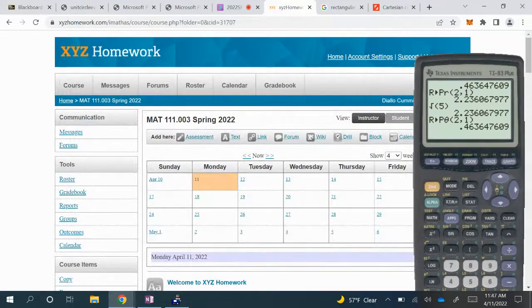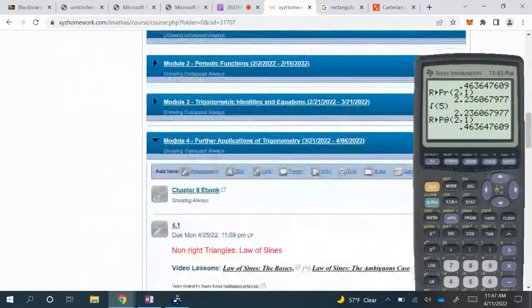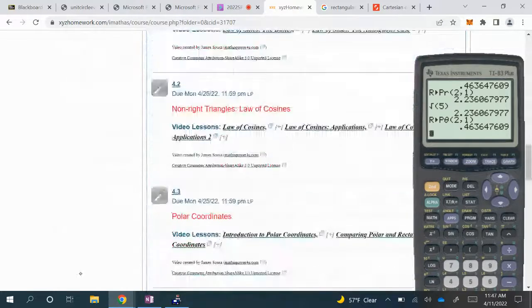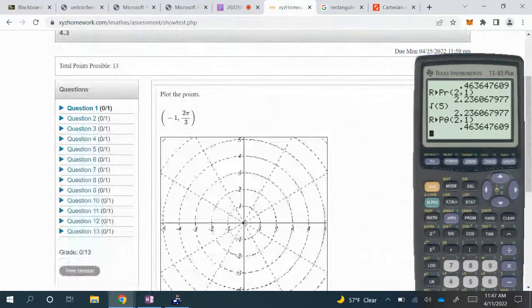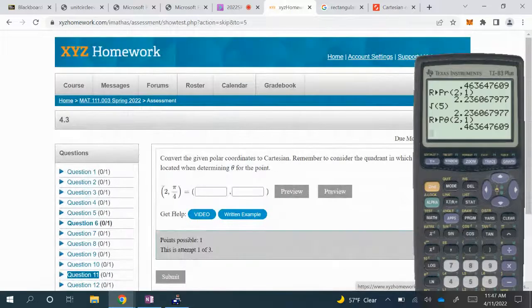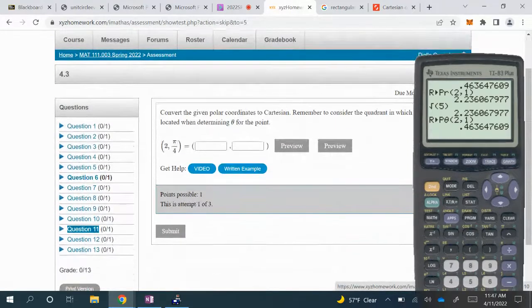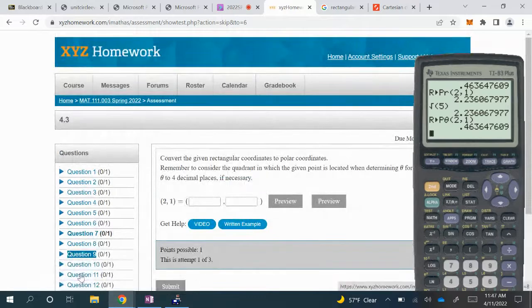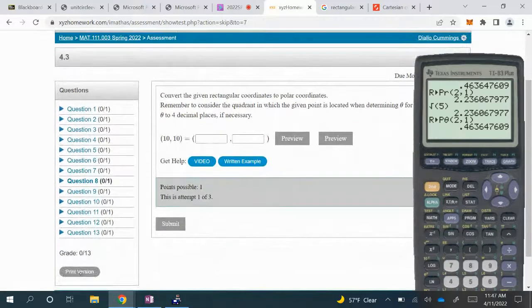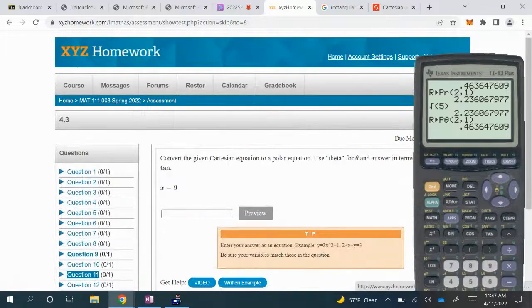All right, so we're in 4.3. We've taken a look at converting from rectangular to polar and polar to rectangular. Next, we're going to take a look at equations.